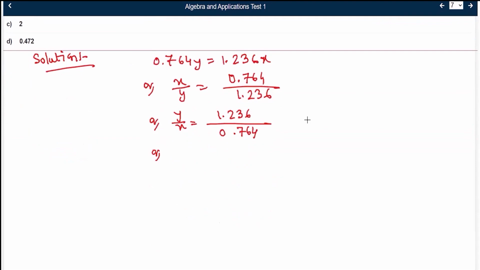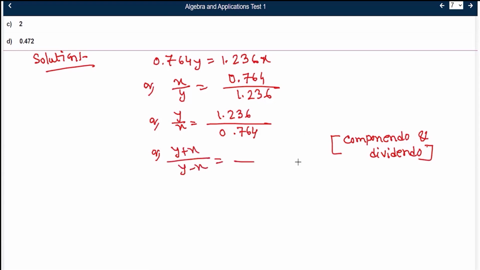So if I do the operation of componendo and dividendo on both sides, we will get y plus x by y minus x.